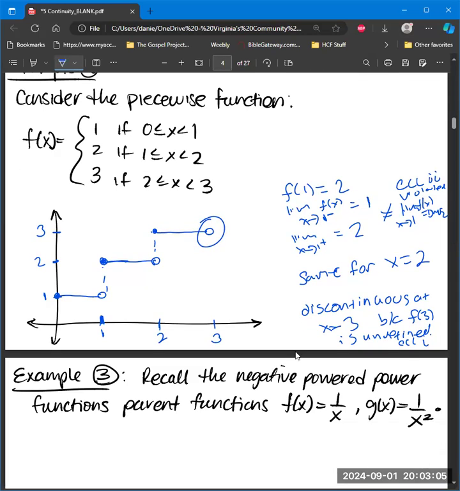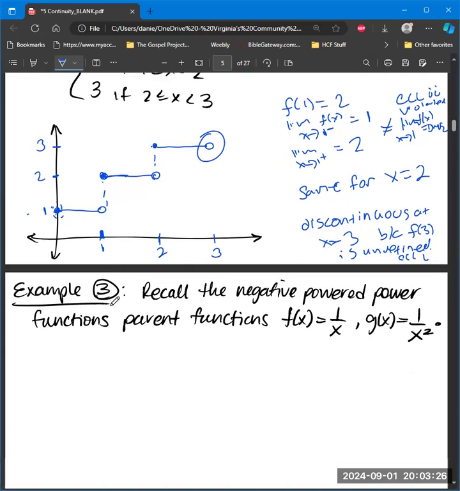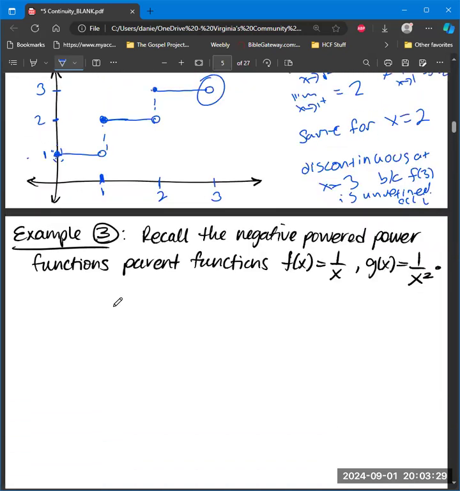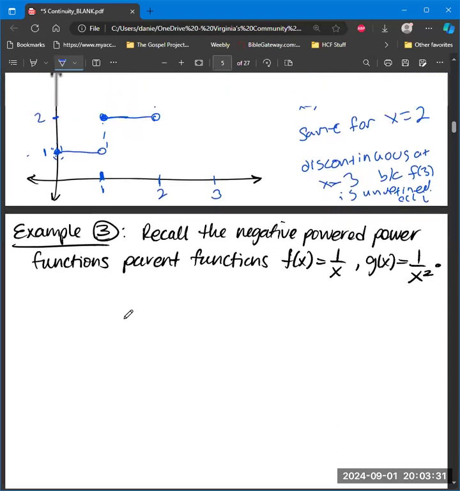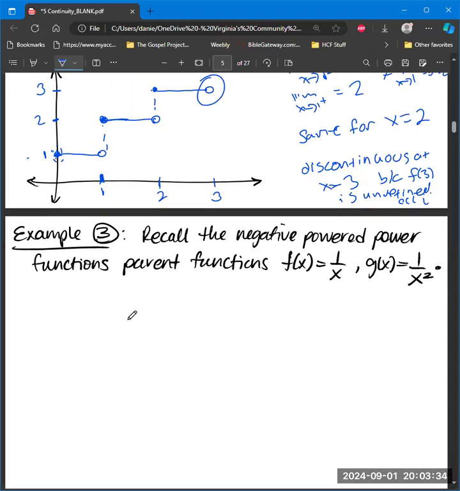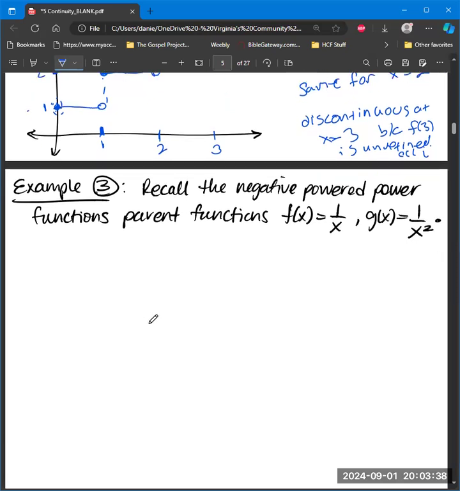right? You may also consider here that it's discontinuous at 0 because there's no activity from the left for the limit to exist. So talk to your teacher about if your teacher wants you to say that this graph is only one-sided here and doesn't have a limit from the left, and if that makes it discontinuous there. Different textbooks and different teachers disagree on whether to look at numbers that are outside of the domain to determine continuity.